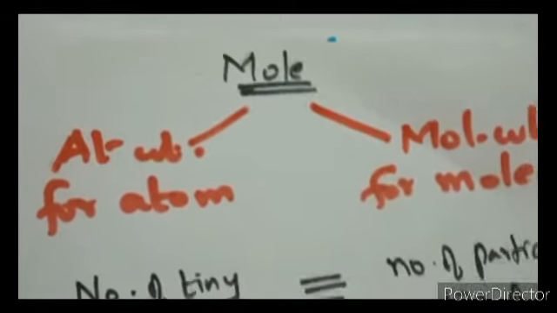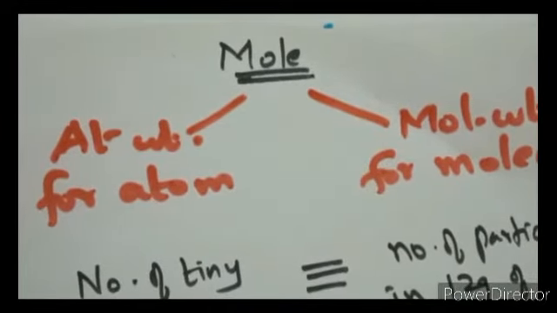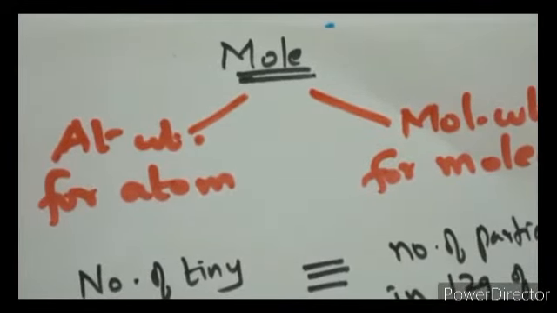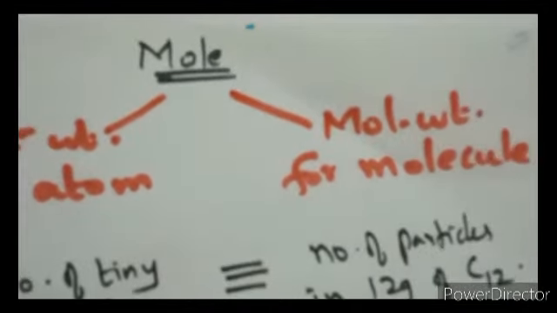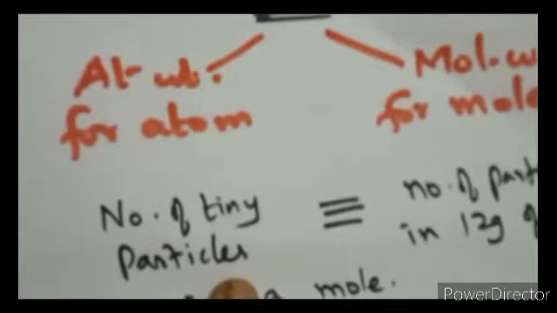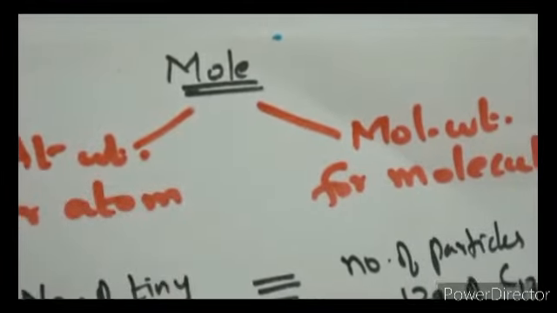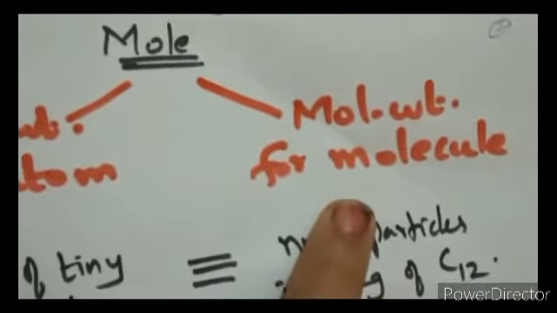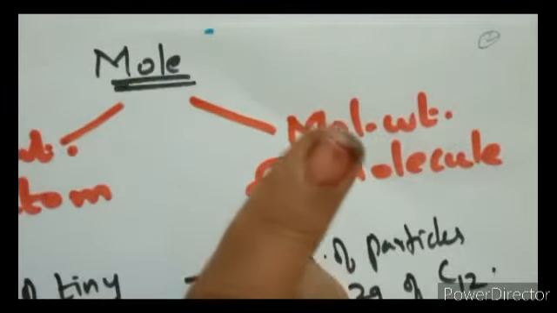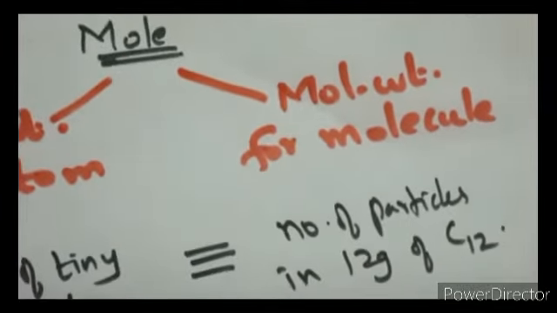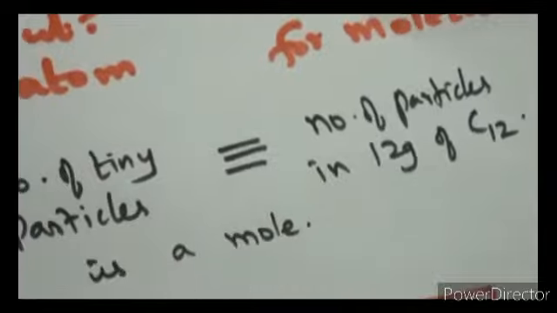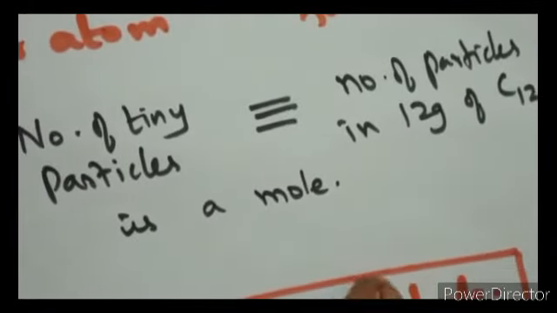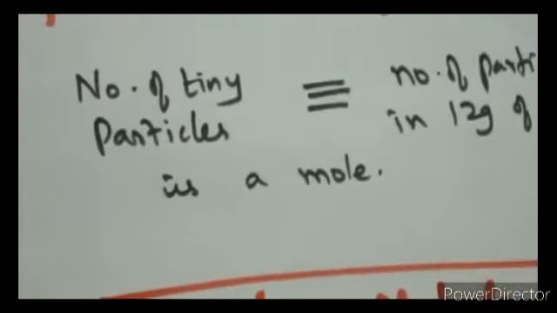I am introducing a new concept called the mole concept. The atomic weight or the molecular weight in grams is also called a mole. The molecular weight of any substance is equivalent to 1 mole. So 1 is the standard number which is used for our convenience. Now how is the mole defined?